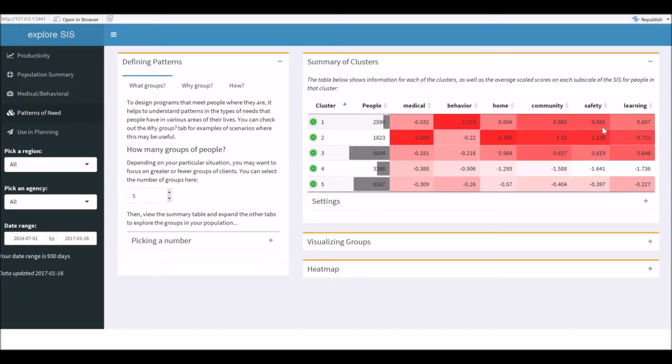So we're looking across really 9 dimensions of this population and asking, are there people who have similar patterns across those 9 dimensions?